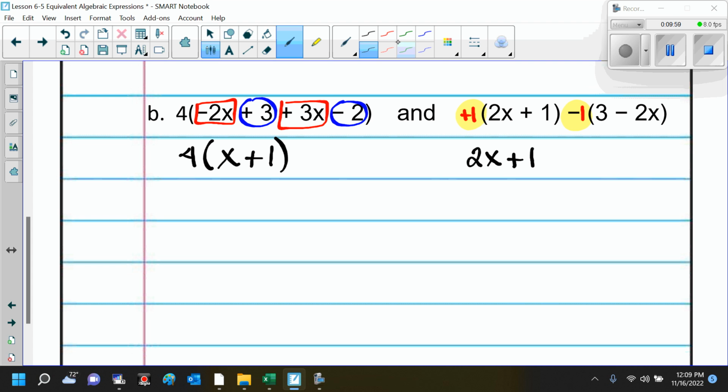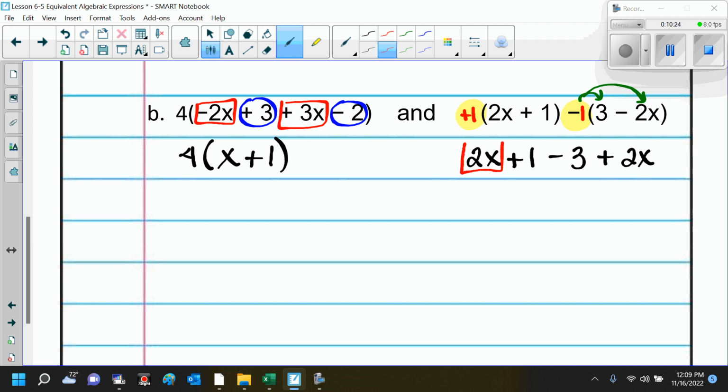And then over here, when I do the keep, change, change, everything inside the parentheses becomes the opposite. So this positive 3 is going to become a negative 3, and the negative 2x is going to become a positive 2x.